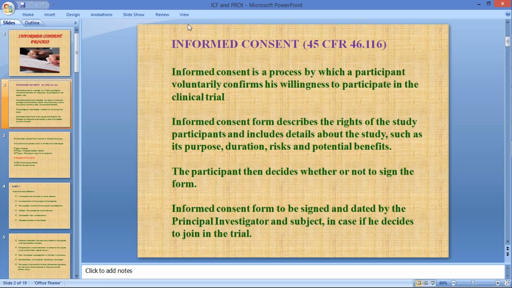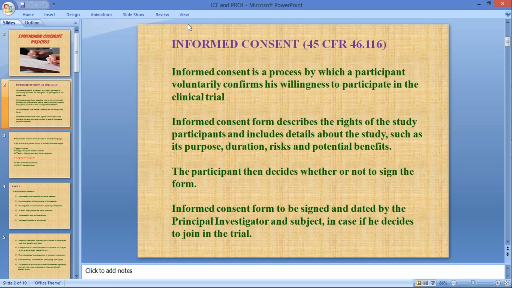Informed consent is a process by which participants voluntarily confirm their willingness to participate in the clinical trial. Informed consent describes the rights of the study participants, including details about the study.